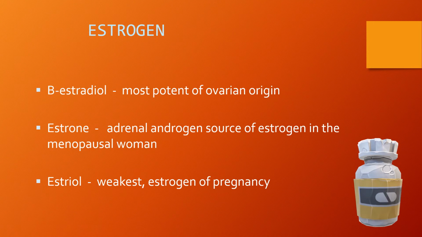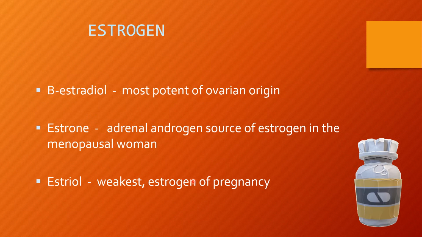So now let's talk about the different hormones that are involved in menstruation, and that are also produced by the female gonads. First, your estrogen. In estrogen, your beta estradiol is the most potent of the estrogens of ovarian origin.